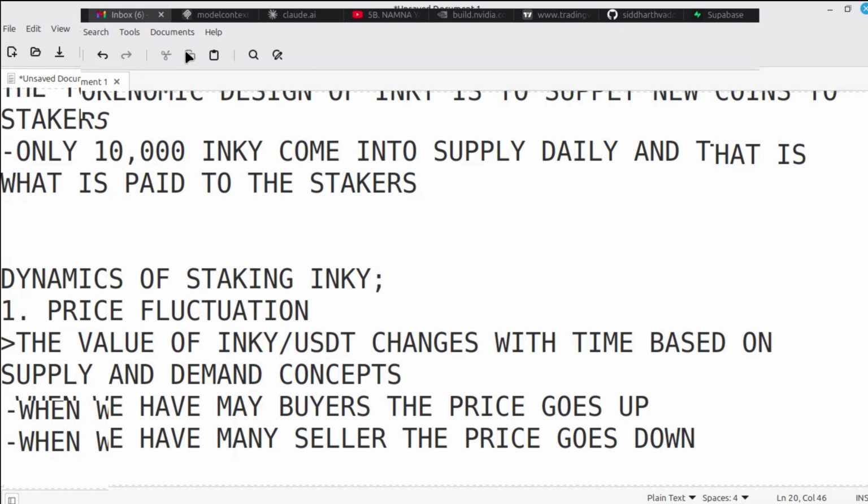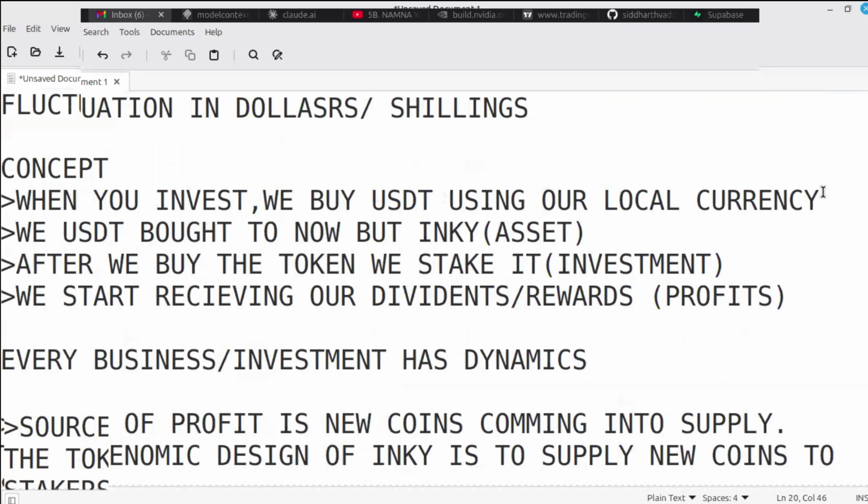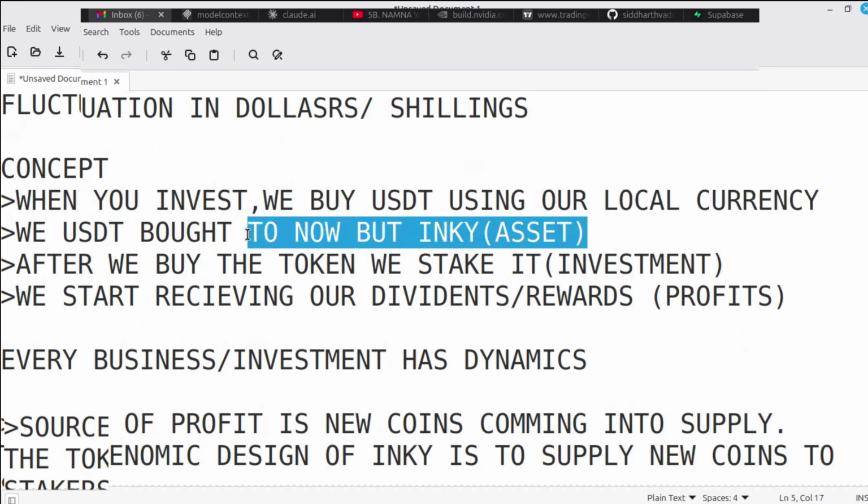when you have staked your amount, let's go back here, okay? Let's go up here. You bought USDT using your local currency. Then we use that USDT to buy INKY. The number of assets that you get depends on the price of that specific asset.